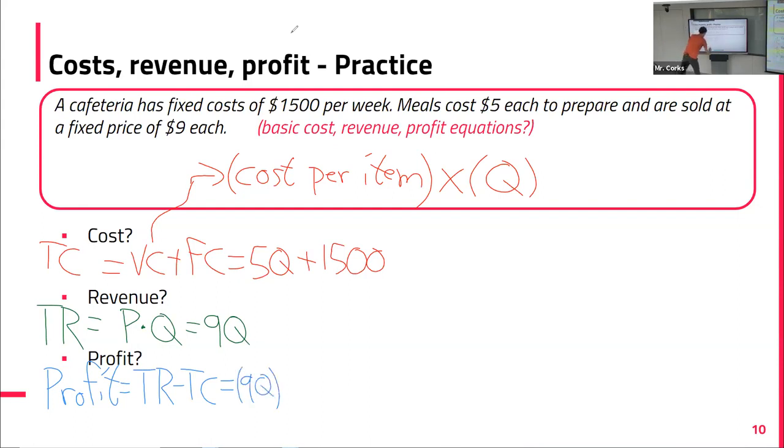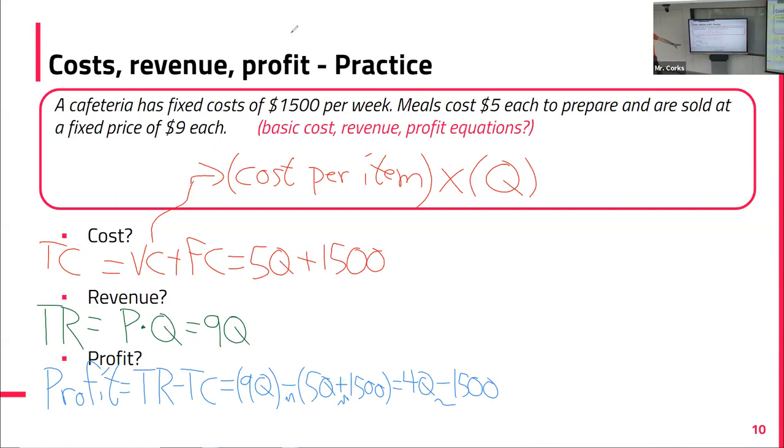9Q minus 5Q, which is 4Q, minus 1,500. I know we have a plus here, but there's a negative sign on the outside of the brackets.